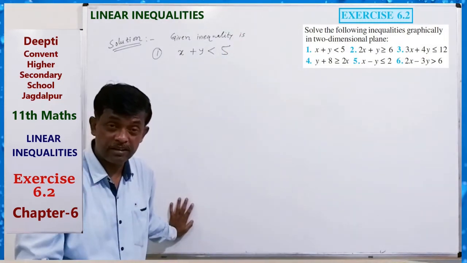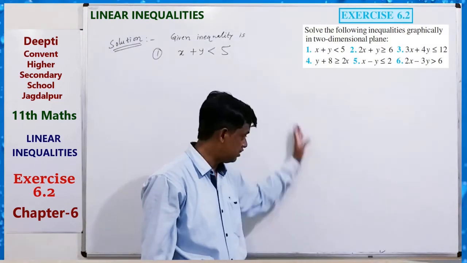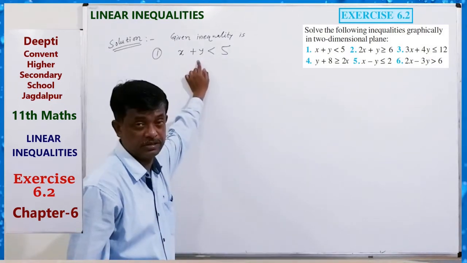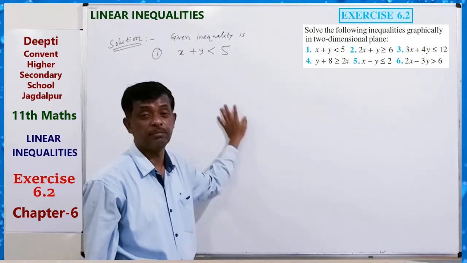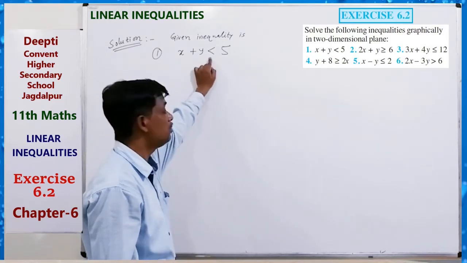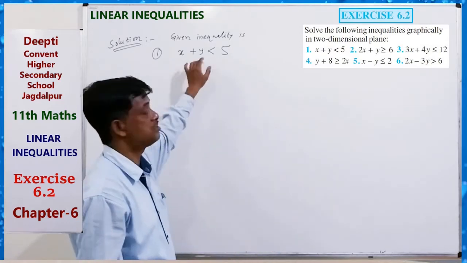You have to write in detail how we can find the solution region for an inequality in two variables, a single inequality. Here the main method is: if the given inequality is strict or slack, first take its equation.